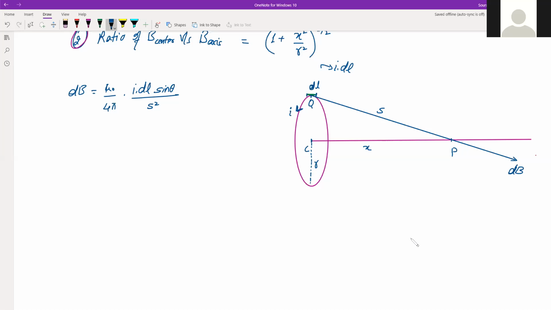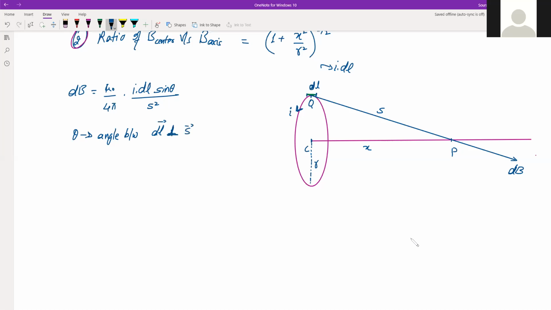Now what is theta? Theta in this expression is the angle between dl, which is at the top, and the distance. So we know that this theta is, in this case, because this dl is perpendicular to S, the distance.